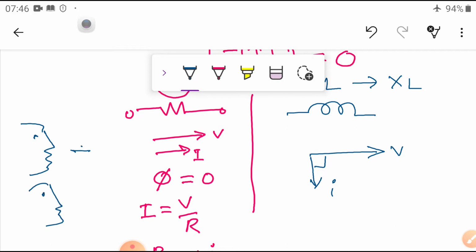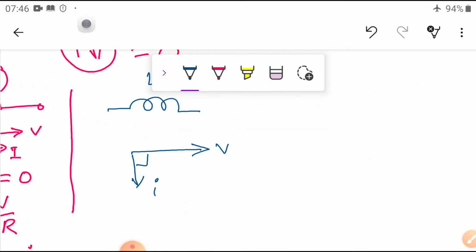Both are in the same direction. Now in this case what will happen? The voltage is in this direction, but the current is bending in phase, up to this direction. So that means here 90 degrees, pi by 2.